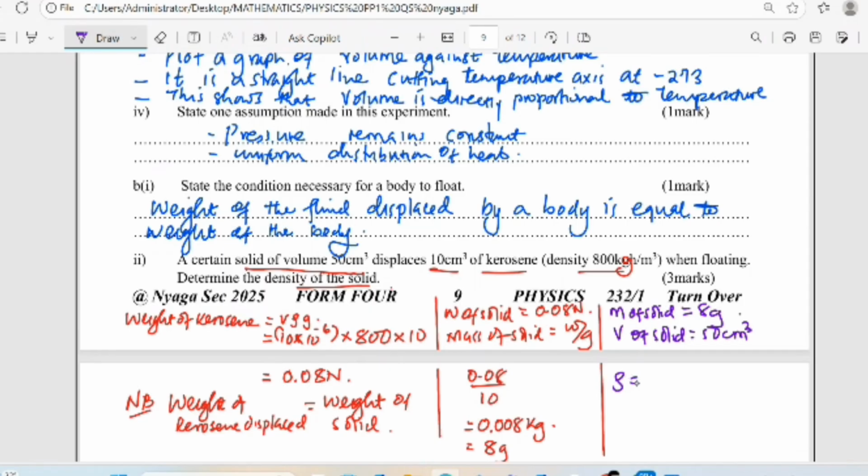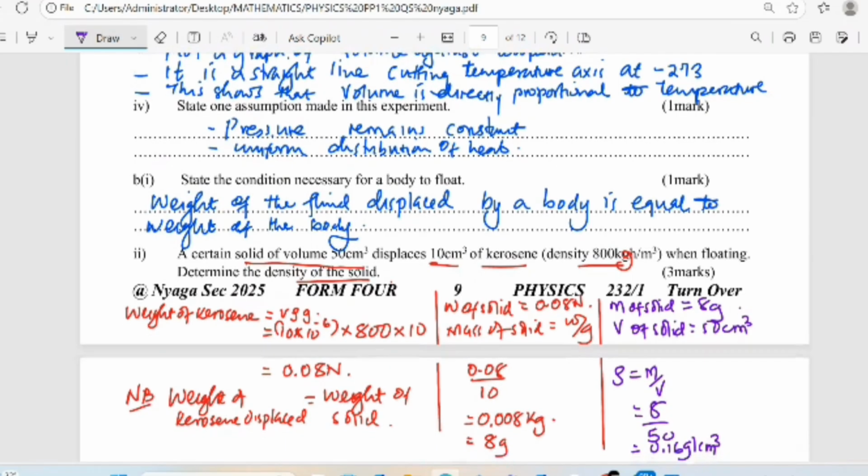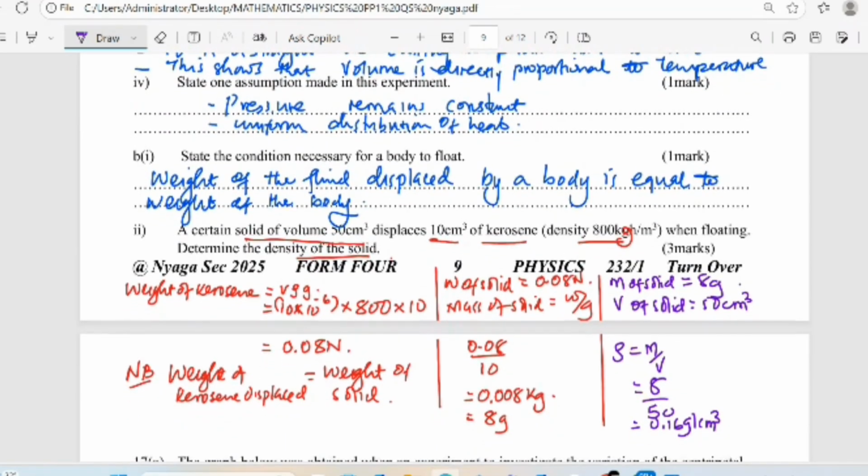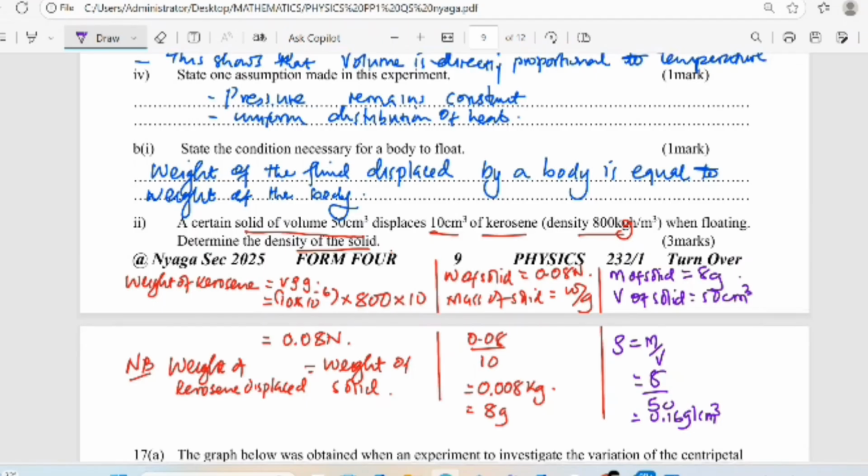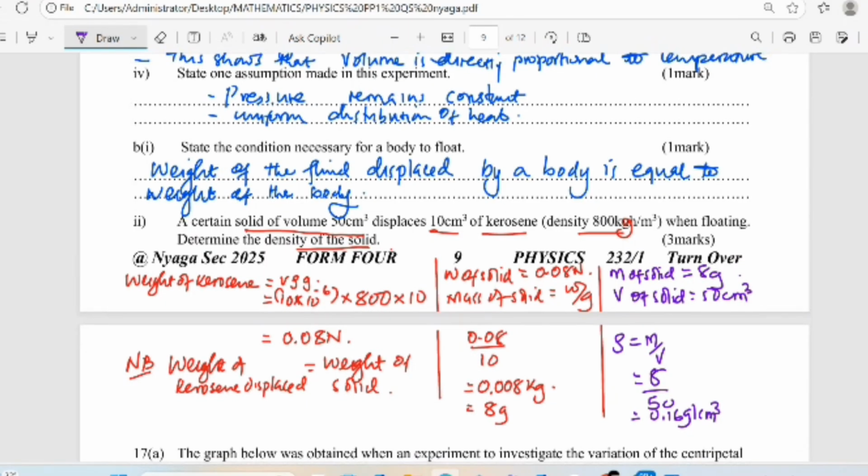Our density will be given by mass over volume, and this gives us 8 grams over 50, which is equivalent to 0.16 grams per cubic centimeter. If you convert that density to SI units, it shall become 160 kilograms per cubic meter, the moment we multiply by 1,000.